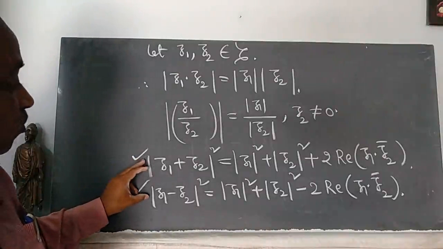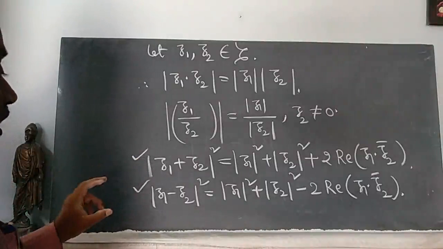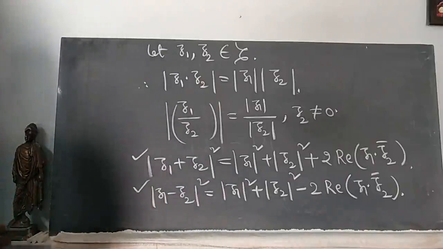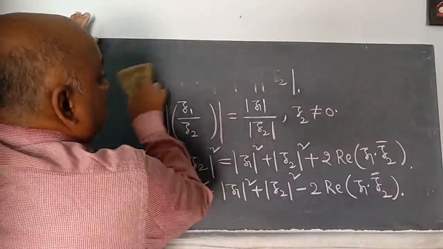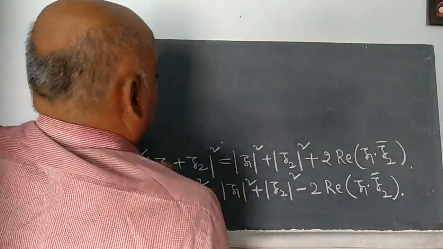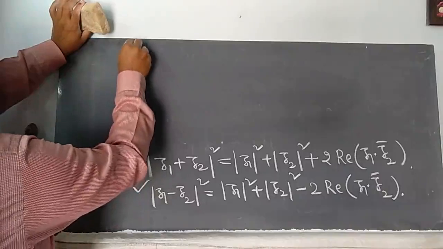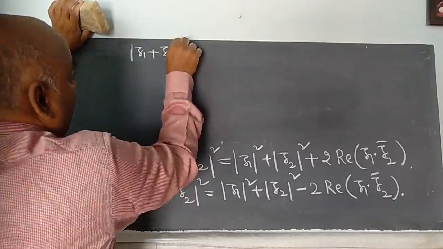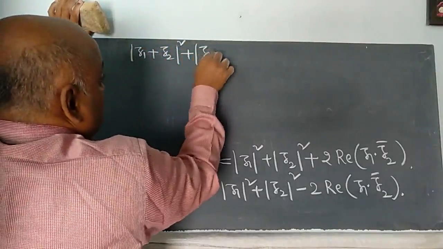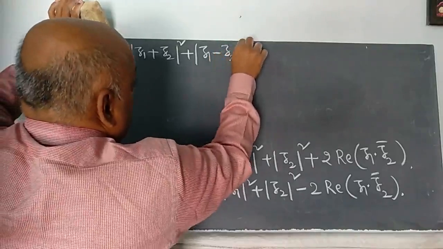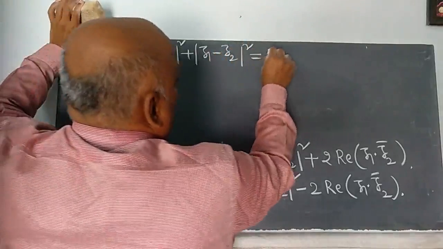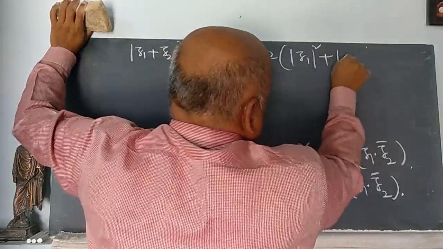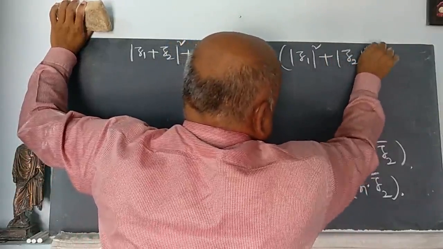Adding these two equations, and again subtracting these two equations, mod z1 plus z2 square plus mod z1 minus z2 square is equal to 2 into mod z1 square plus mod z2 square.